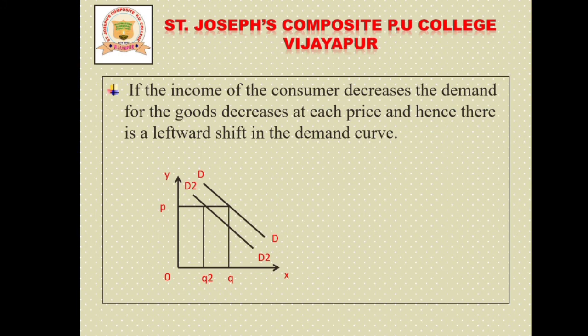When income is low, demand is also low, and the curve shifts to the left. When income is more, demand is also more, and it automatically shifts rightward. This is the concept of movement as well as shift of a demand curve.